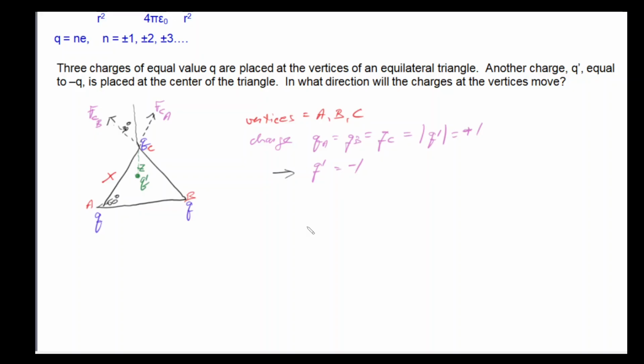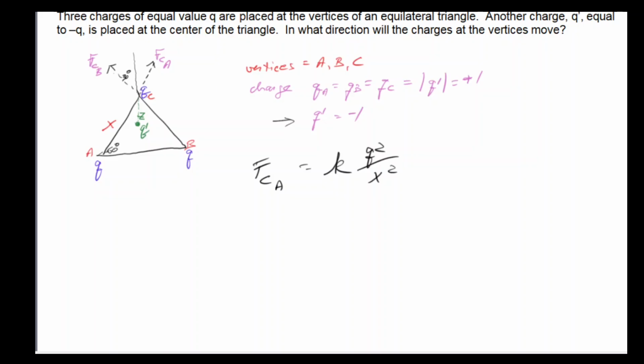So let's look at the vertex C, and we want to look at the force on C from the charges at A and B. So the force at C due to A, that's the nomenclature I'm going to use, is equal to K times Q, which in this case is Q squared, over X squared, because that's how far apart C is from A. We're going to call the length of one side of this triangle X, so that's why we put it in here.